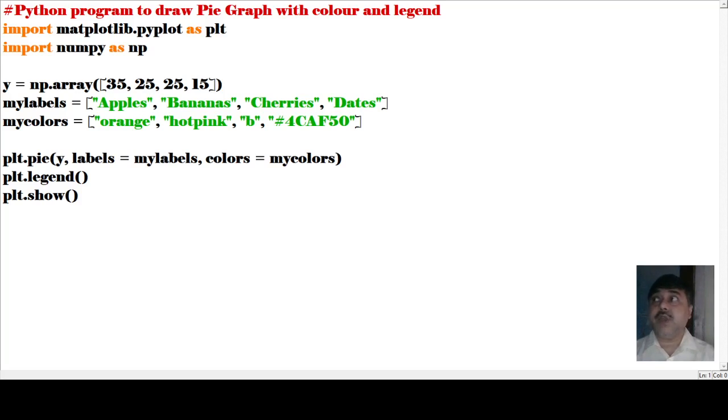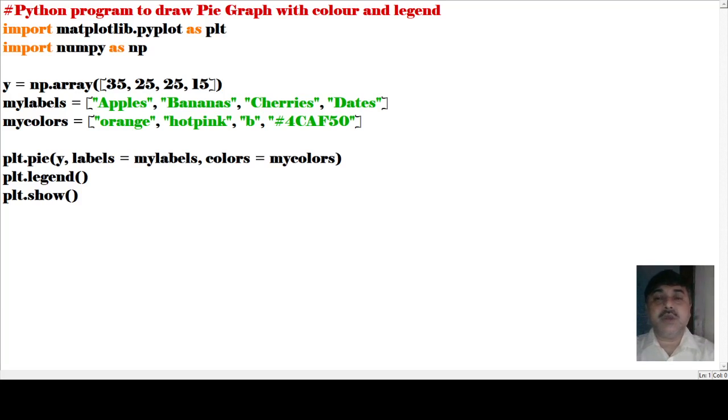Using the color, we haven't done it previously, so today we have used this particular color here. Then plt.pie(y, labels=mylabels, colors=mycolor). Okay, then plt.legend and plt.show.